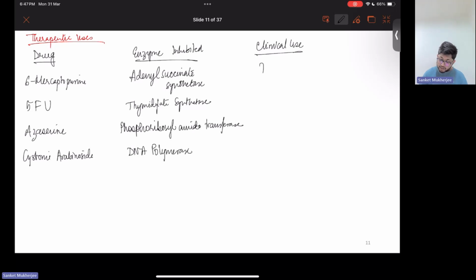All are used in case of cancer. Similarly, there is acyclovir, which also inhibits DNA polymerase, used as an antiviral agent. Similarly, there are multiple drugs for this, right?